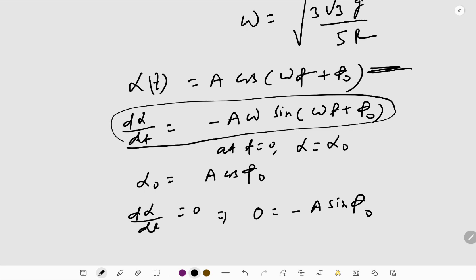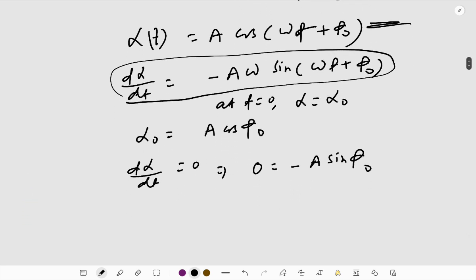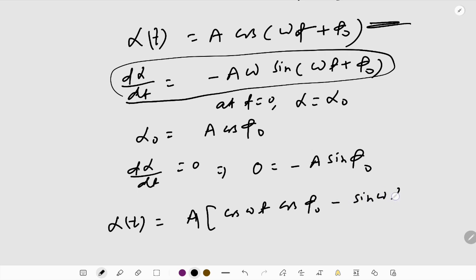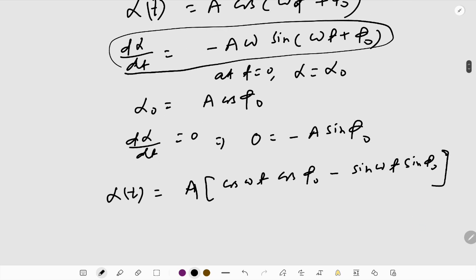Then you can put all these things by expanding: alpha of t equals a cos omega t cos phi naught minus sine omega t sine phi naught. Sine phi naught equals 0, so this term becomes 0, and cos phi naught equals alpha naught by a.